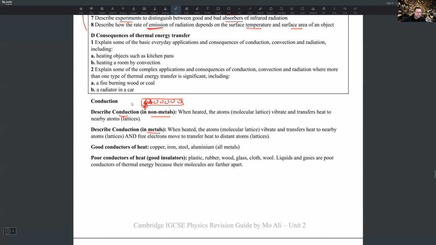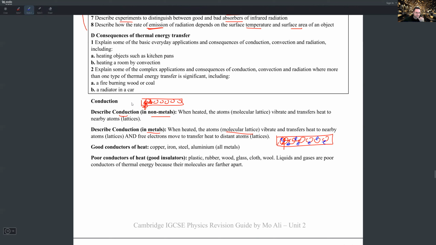Conduction in metals happens due to two actions at the same time. Inside a metal, you have the atoms or molecular lattice. You all know what a lattice means, which is just a group of atoms or molecules together and they vibrate together. They vibrate, they gain heat, they vibrate, and they give energy to each other. That's the boring, slow part. But metals also have free moving what?